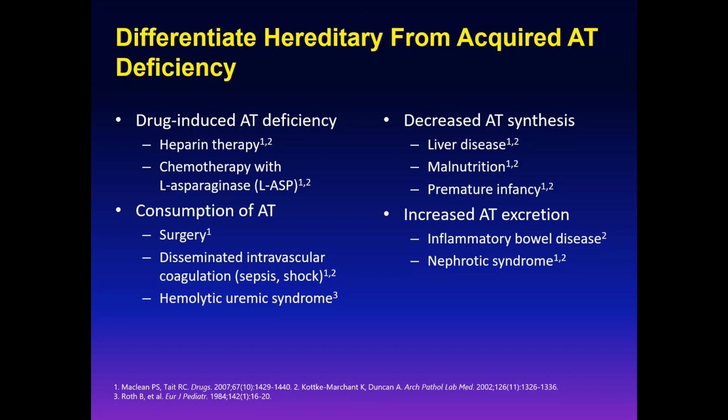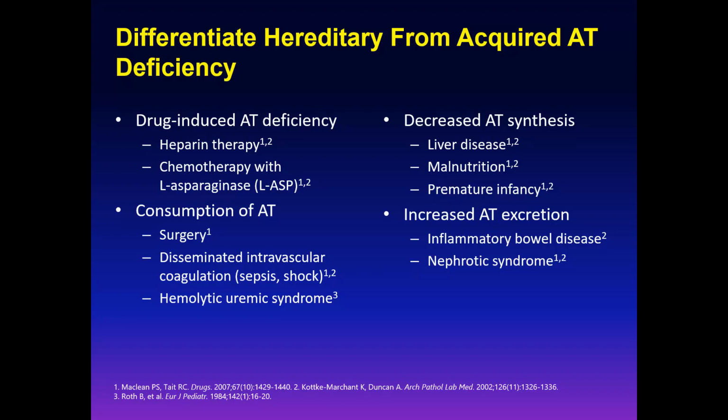Certain chemotherapies like asparaginase can decrease the production of antithrombin and lead to an acquired deficiency. And you can see the rest on the slide here, especially states of consumption can cause antithrombin to be used up and maybe compartmentalized abnormally.